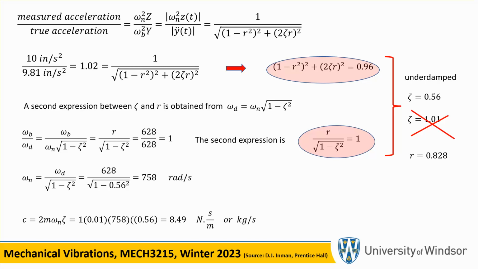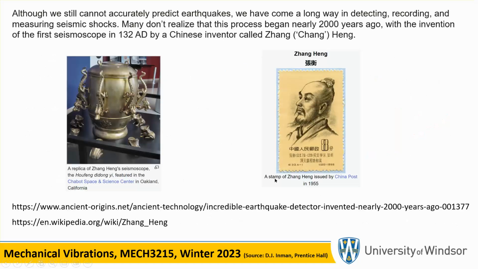We need that because when you want to read the voltage reading out of that gadget, you have to multiply it by omega n squared, and that's why we need to know this. And the stiffness of that spring, you just plug in based on the formula we know between natural frequency and stiffness.